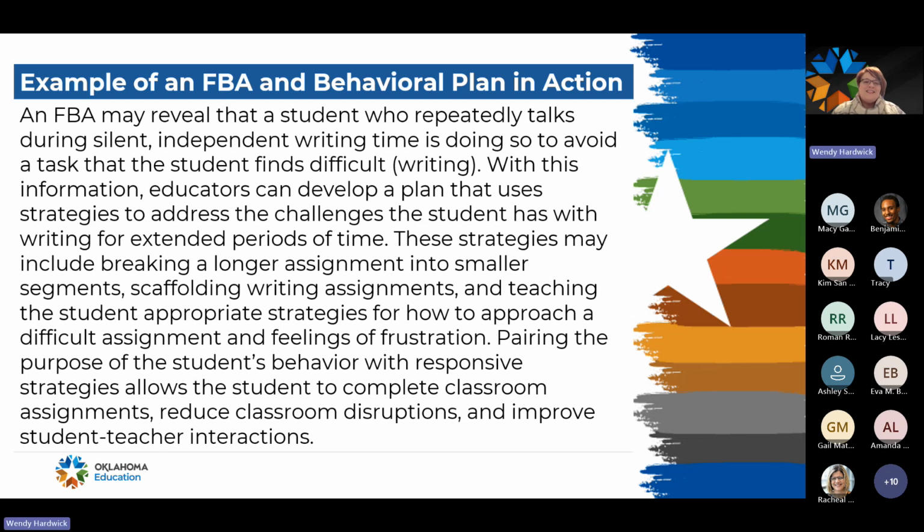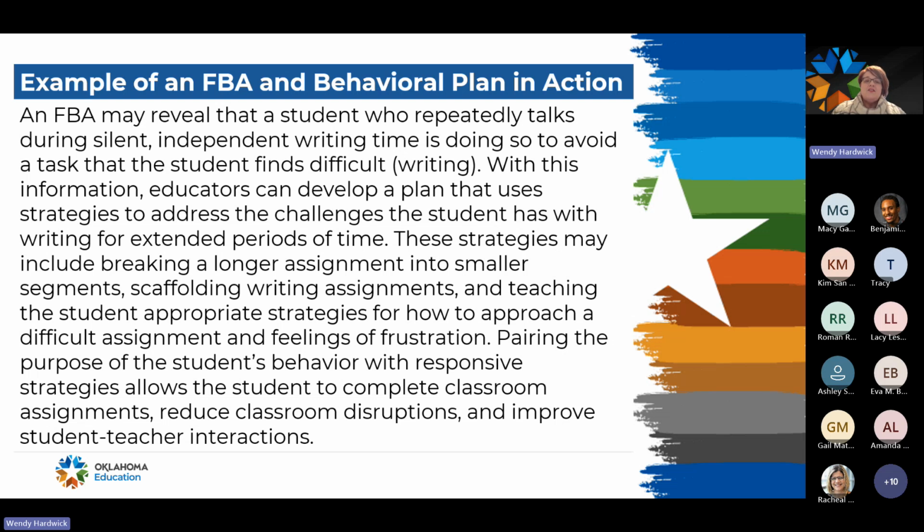All right, we have another example. An FBA may reveal that a student who repeatedly talks during silent independent writing time is doing so to avoid a task that the student finds difficult, writing. With this information, educators can develop a plan that uses strategies to address the challenges the student has with writing for extended periods of time.